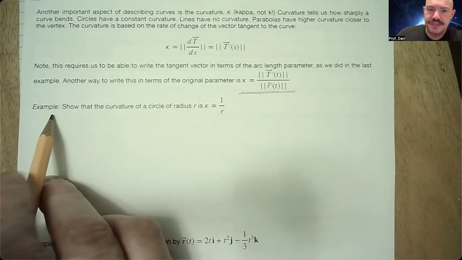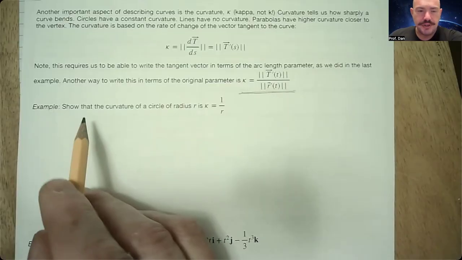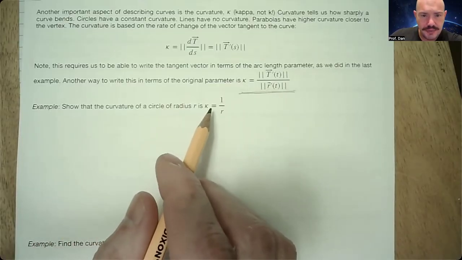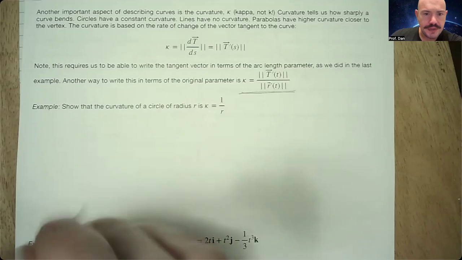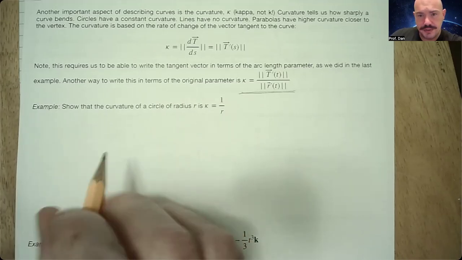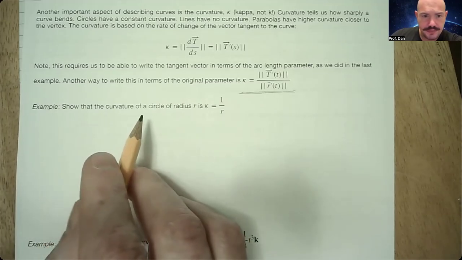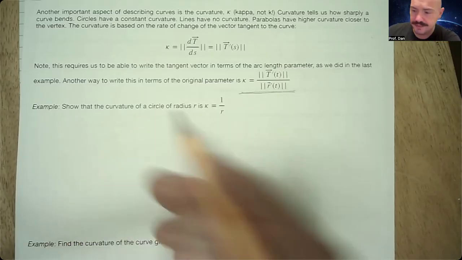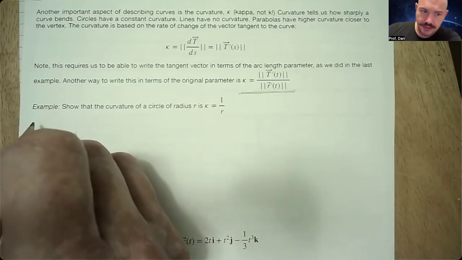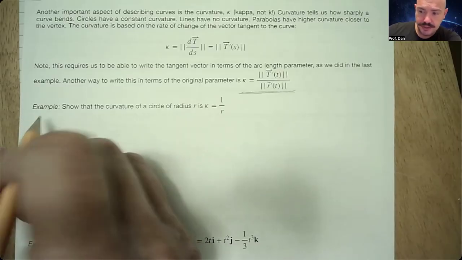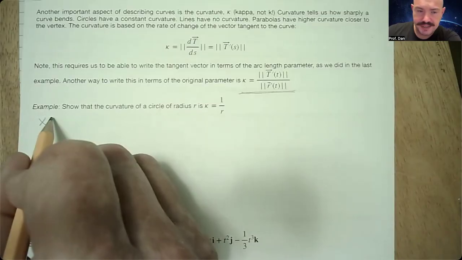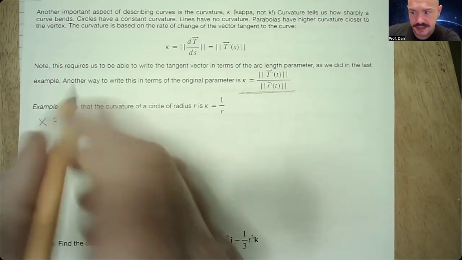All right, so the first example with curvature is to show that the curvature of a circle whose radius is r is kappa equals 1 over r. The first thing we'd need to do is write out the equation of a circle as a vector-valued function. Easy enough because of the unit circle, right? Remember with your unit circle, x is equal to cosine of theta.